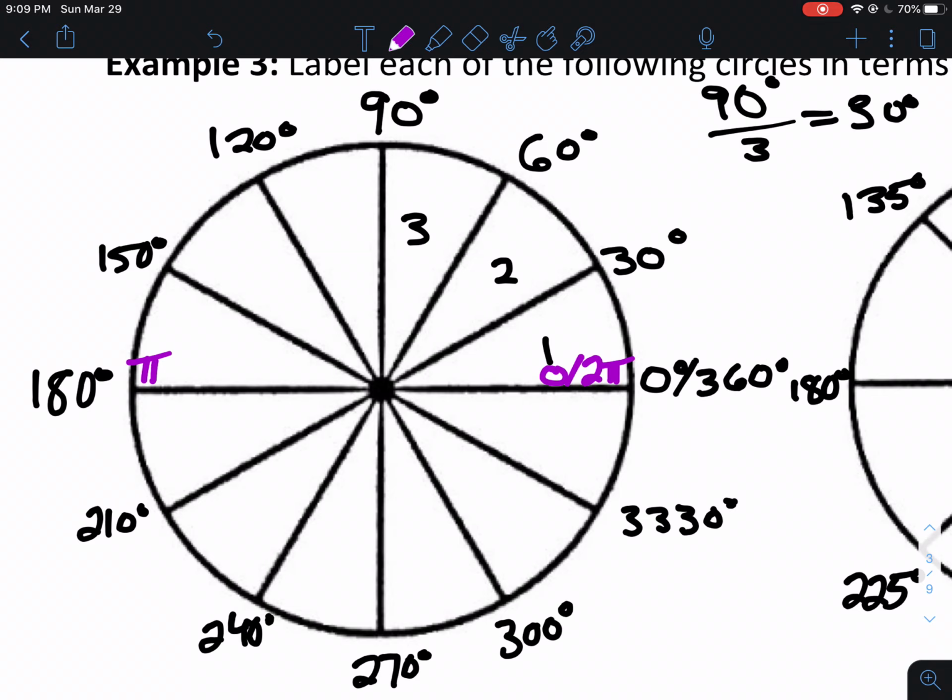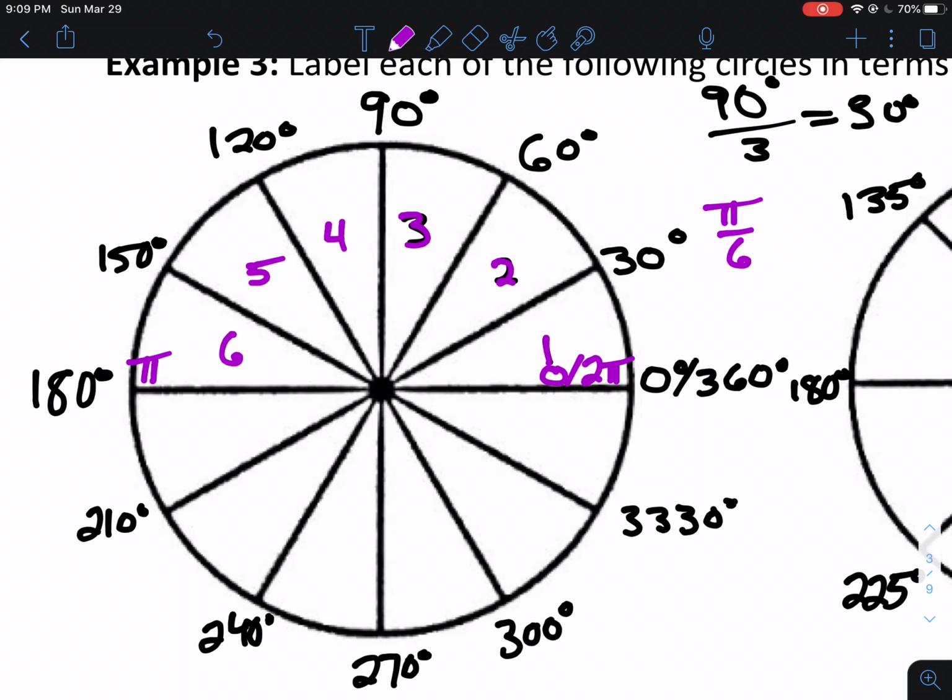And so then from there, we can start to divide this up kind of the same way. So let's think about now we've still got 1, 2, 3 sections, but now to get to pi, we actually have to divide that up by 6. So what we'll do, kind of similar to what we did with degrees, is take our full measure, which was pi, and divide that by 6.